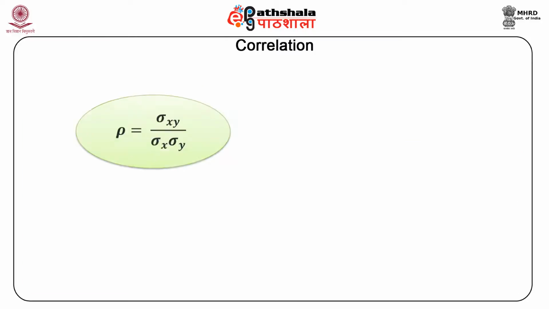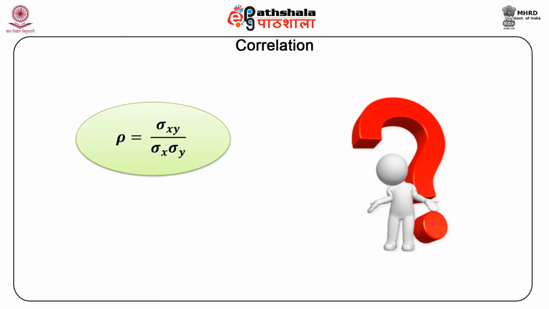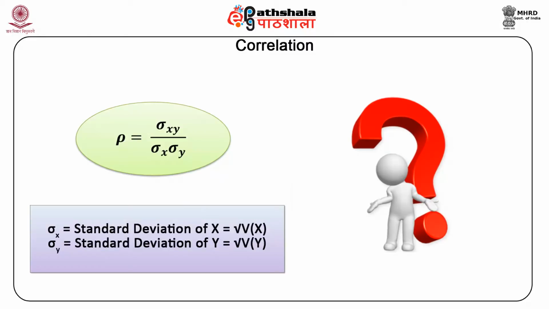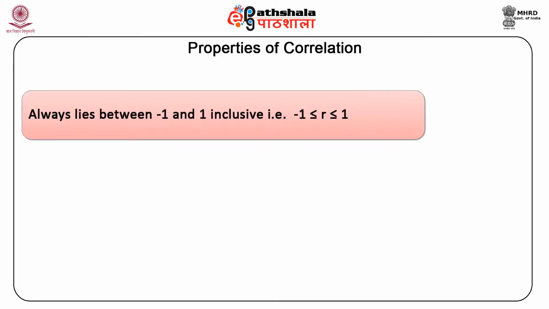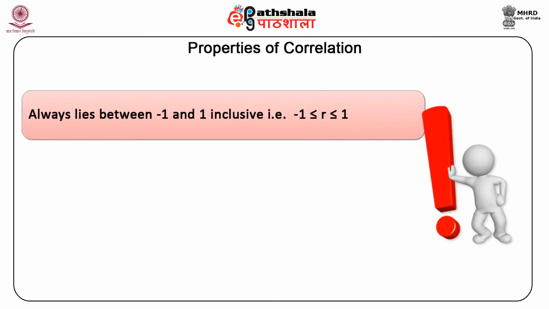Rho is equal to sigma xy divided by sigma x sigma y, where sigma x is the standard deviation of X, which is equal to the square root of V(X), and sigma y is the standard deviation of Y, which is equal to the square root of V(Y). Next, we will discuss properties of correlation. It always lies between minus 1 and plus 1 inclusive. That is, r is greater than or equal to minus 1 and 1 is greater than or equal to r.